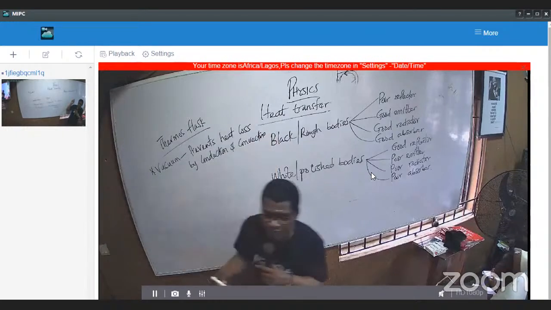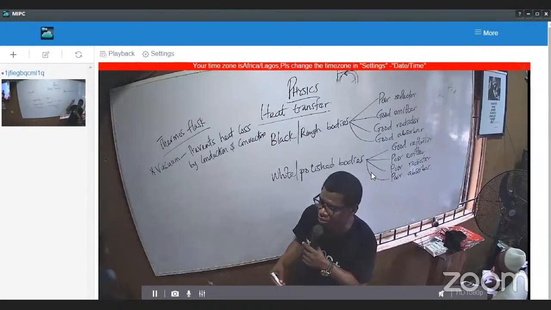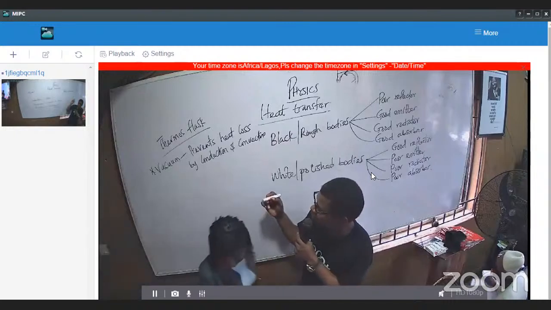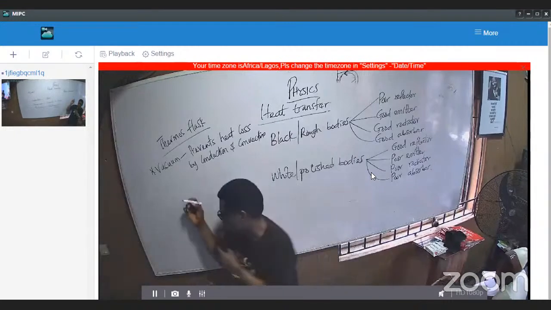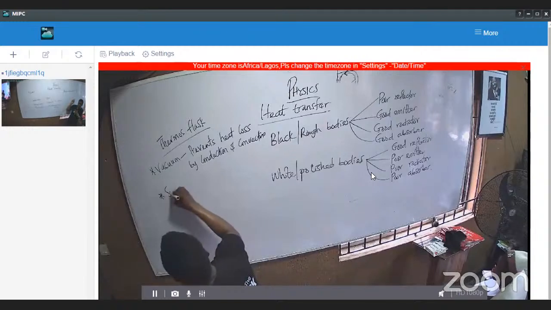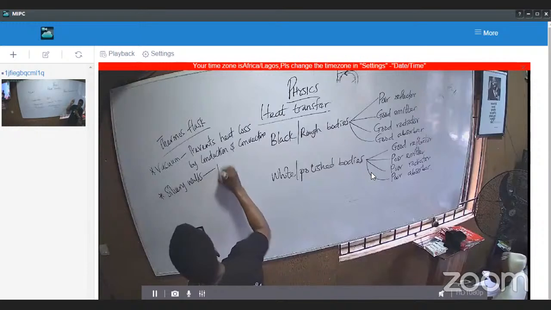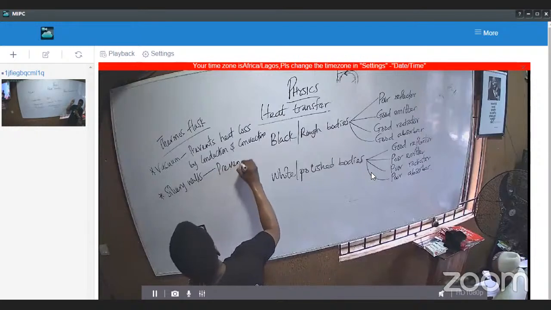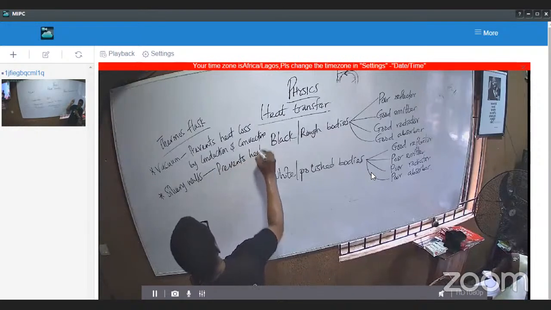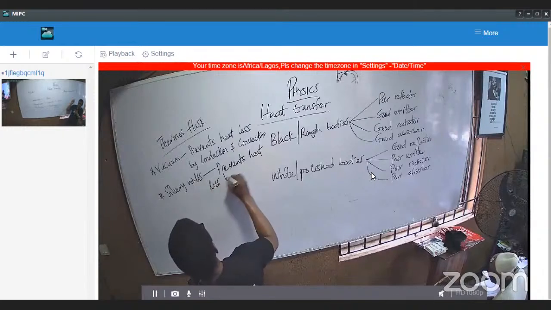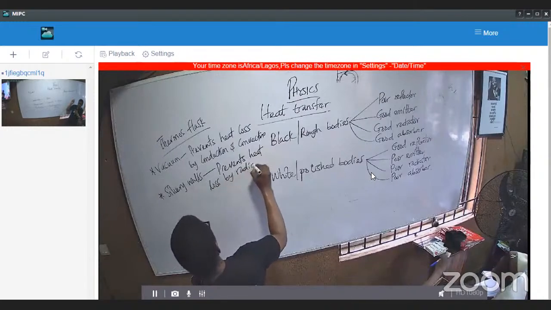Then we also have the silvery wall. The silvery wall prevents heat loss by radiation.